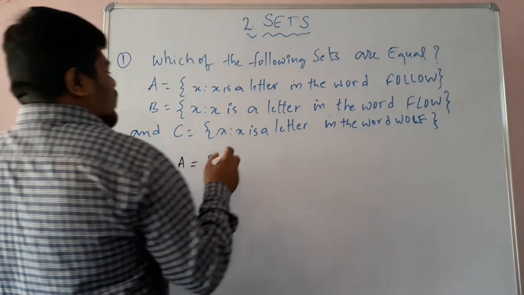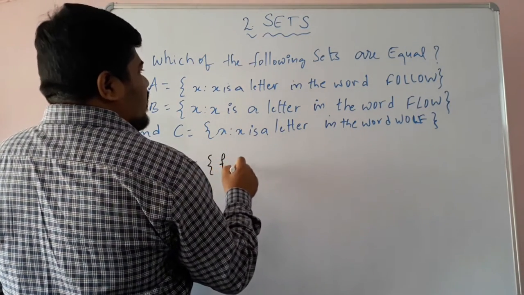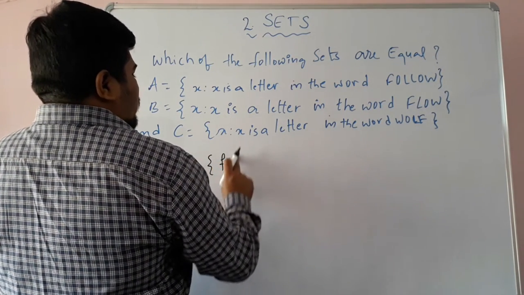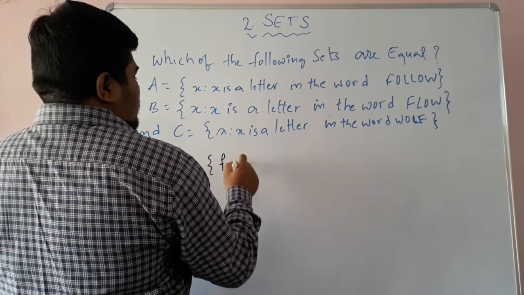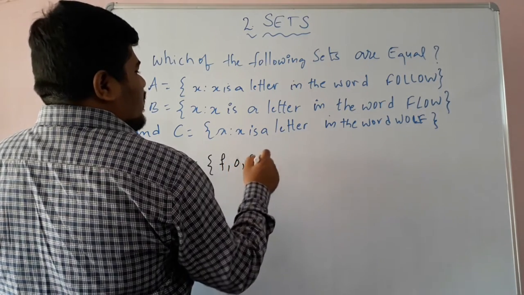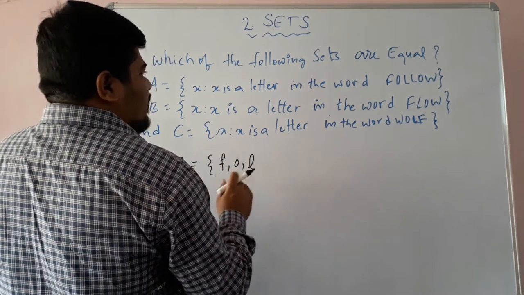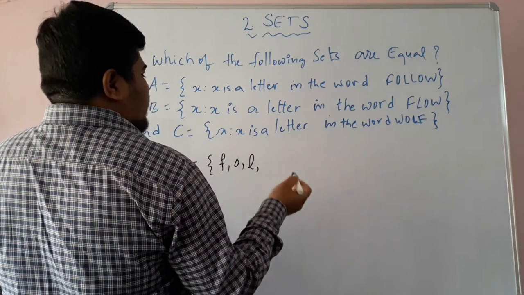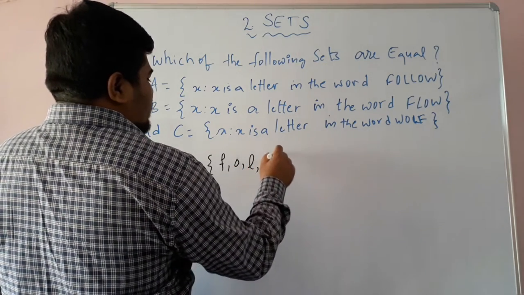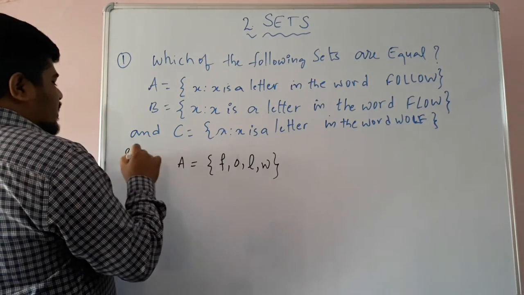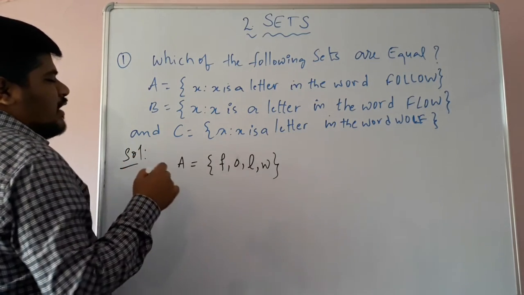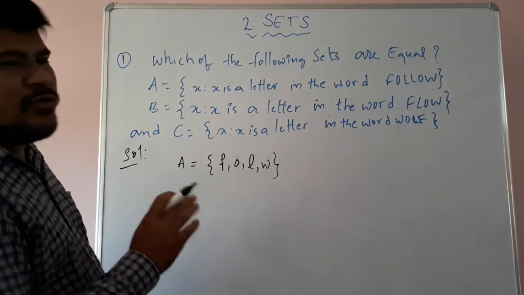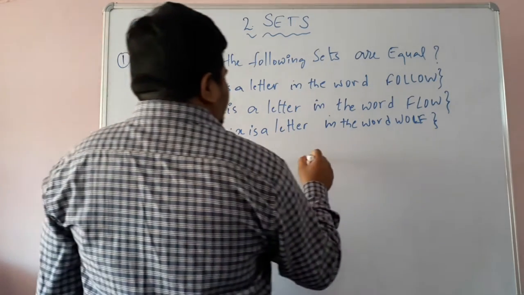So A is equal to F comma O comma L. L is twice, but we take it only one time, and then you can take W. So set A is F comma O comma L comma W in roster form.